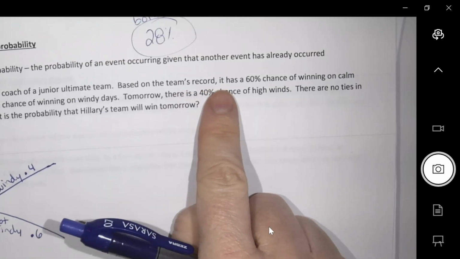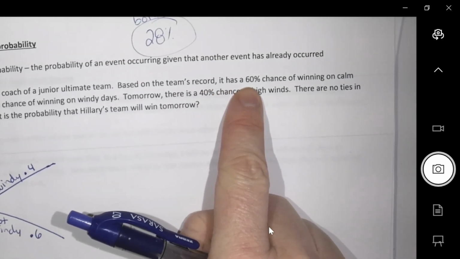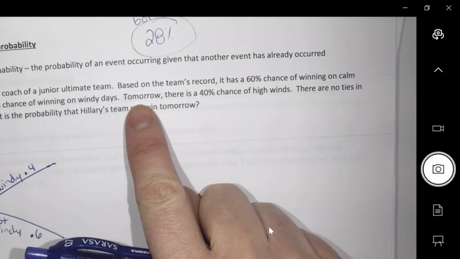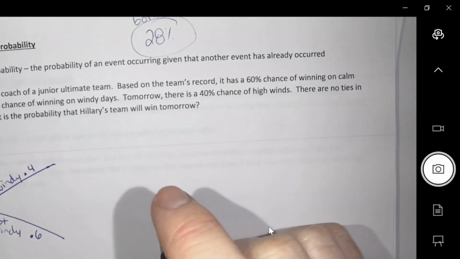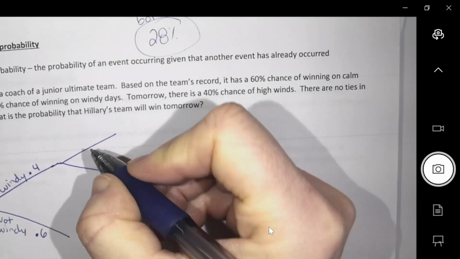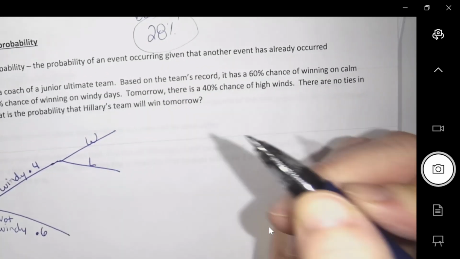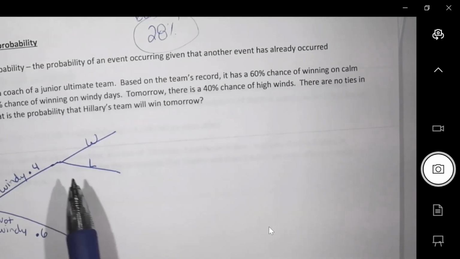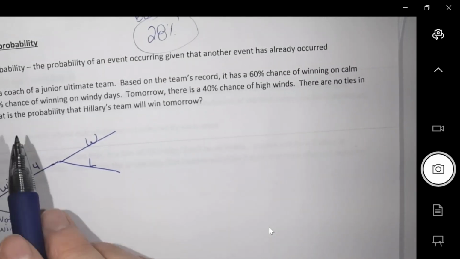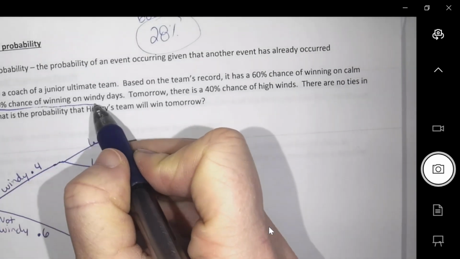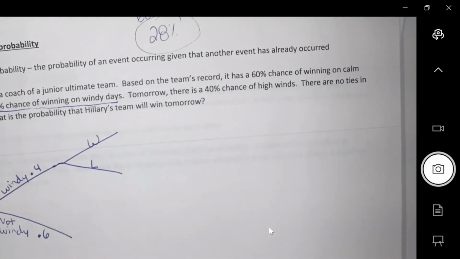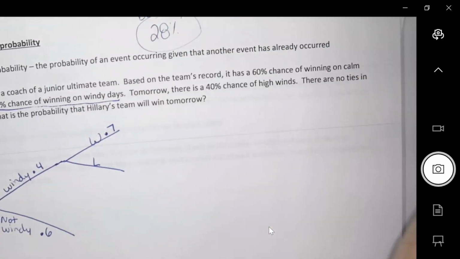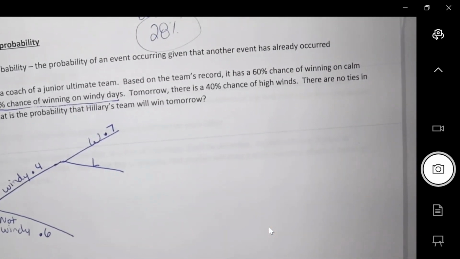Okay. They have a 60% chance of winning on a calm day and a 70% chance of winning when it's windy. So on a windy day, we could either win or lose the game. If it is windy, we have a 70% chance of winning.